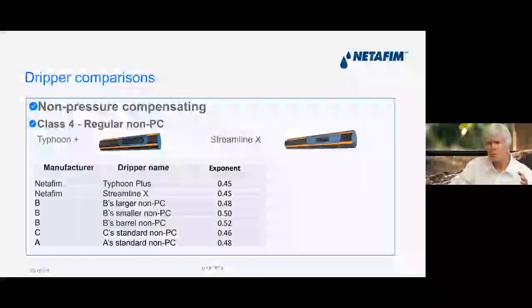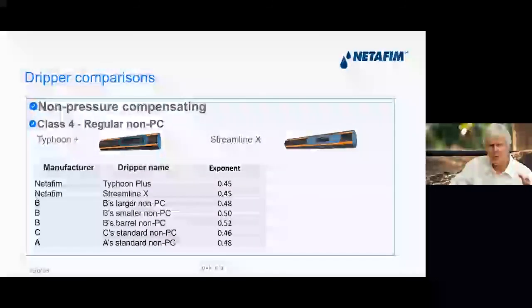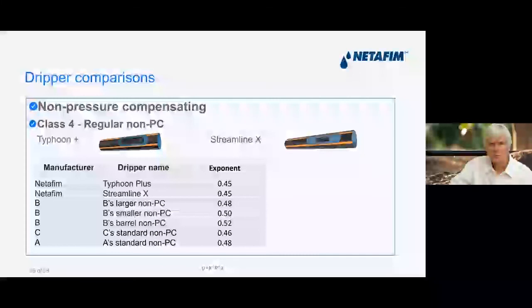Earlier I said that generally the maximum exponent value is 0.5, but they do sometimes go above 0.5. The old barrel-shaped drippers sometimes go above 0.5, so in this case it's 0.52. And manufacturer C has an exponent of 0.46 and 0.48. These are genuine competitors' drippers, and for those of you who want to see the actual names and models of these drippers, our technical advisors can discuss that with you.